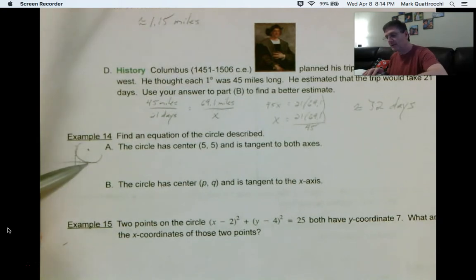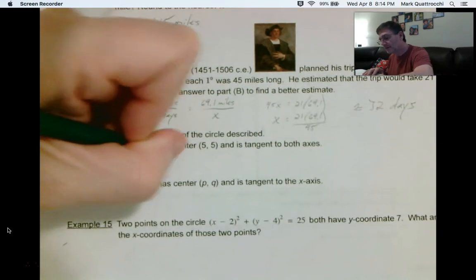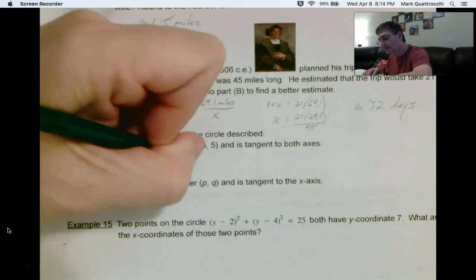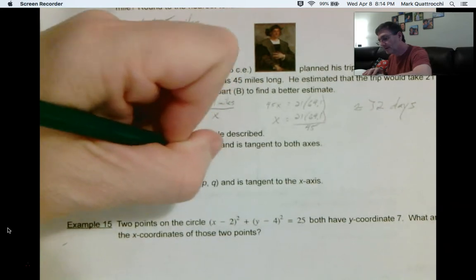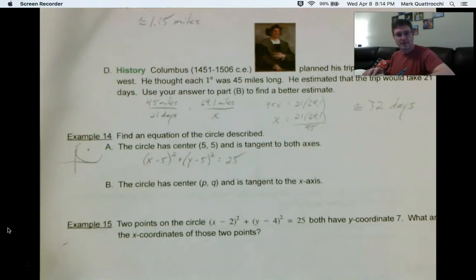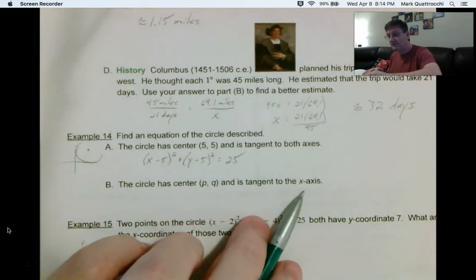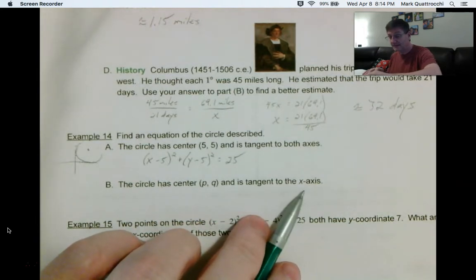Okay, so it's got a radius of 5. (x minus 5) squared plus (y minus 5) squared equals 25.